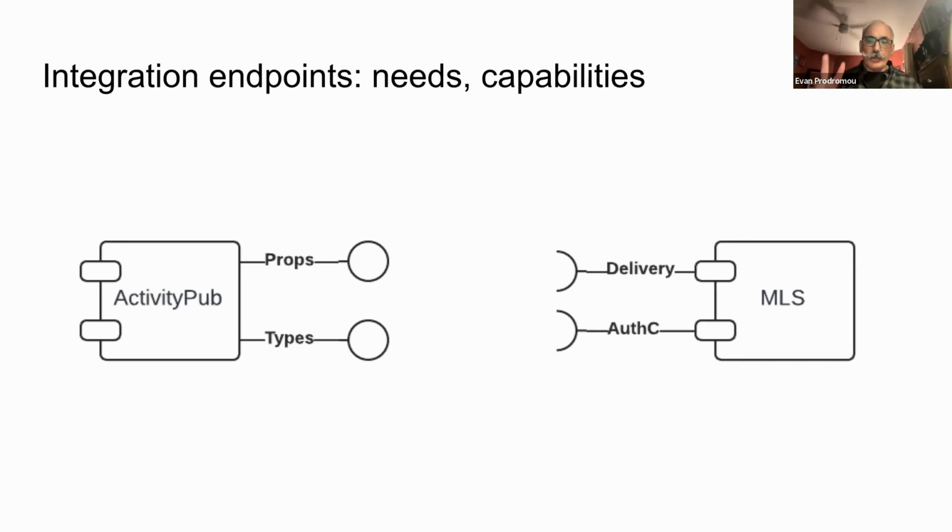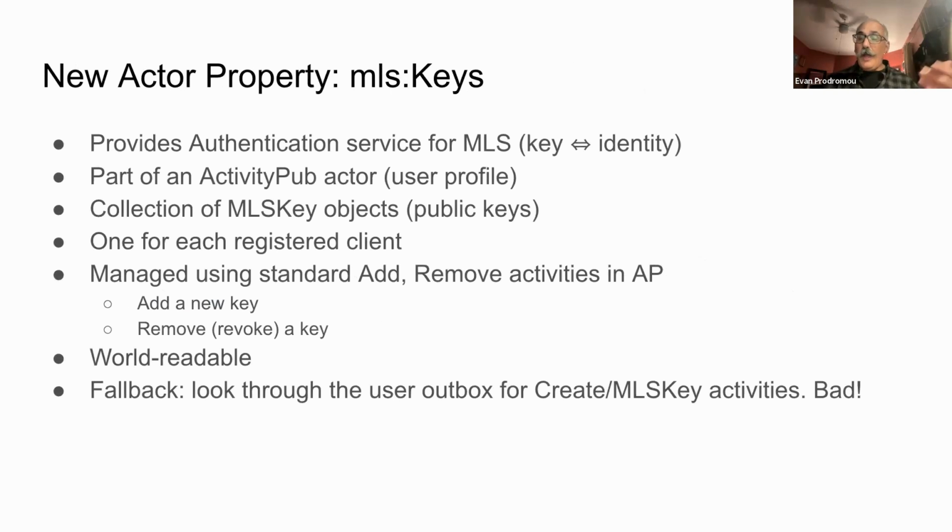It needs two major services: one service to do delivery of messages as they're generated, and another to do authentication, being able to say this user has this key. So we can bring those two together by defining new properties for ActivityPub in an ActivityPub extension. So not required, it's a new experimental mechanism, but implementers can actually use it.